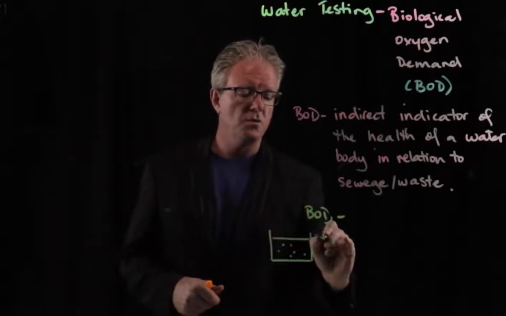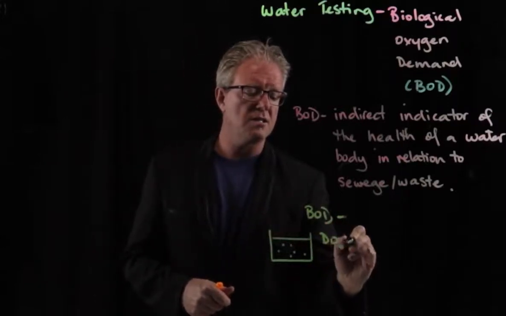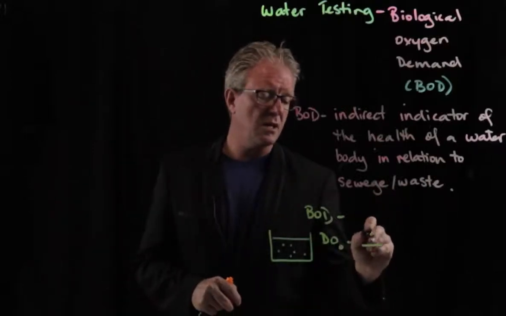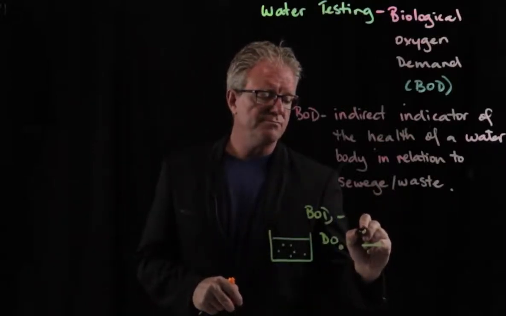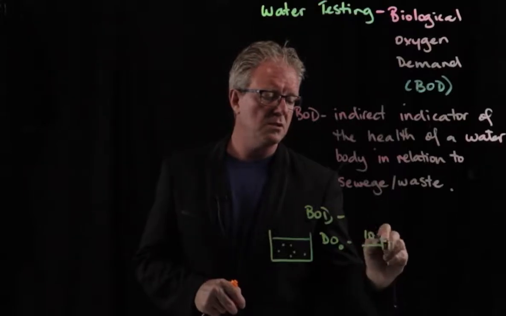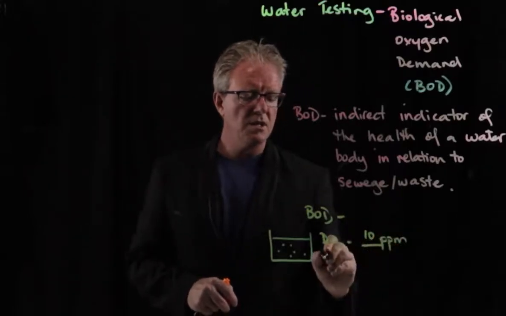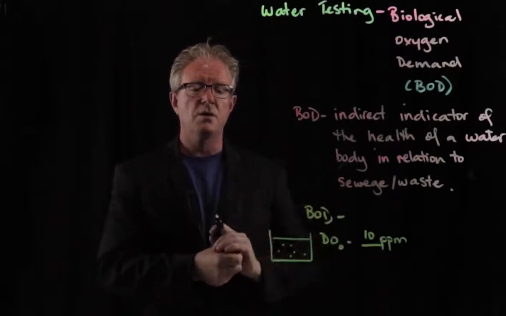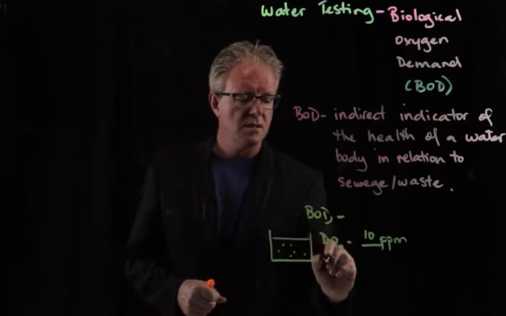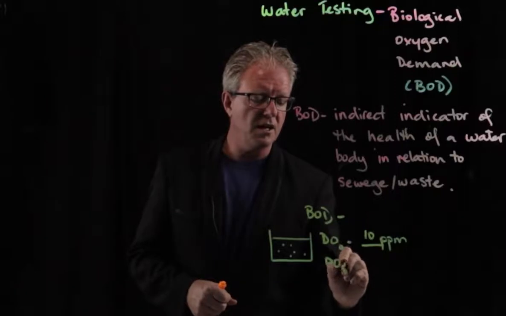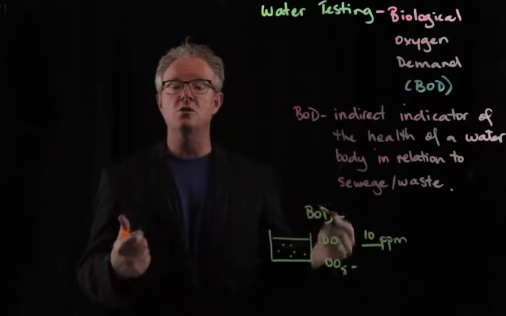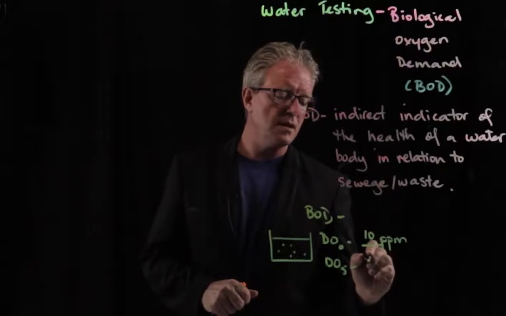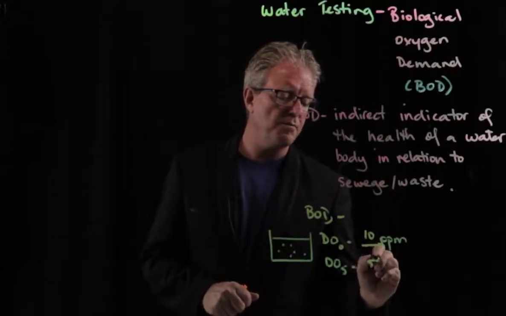If you measure the dissolved oxygen at day 0 as a certain value, let's just say 10 parts per million, then you get your sample, seal it, cover it and put it in the dark, and leave it for 5 days, and then you measure the dissolved oxygen again. Let's say it has gone down to 5 parts per million.